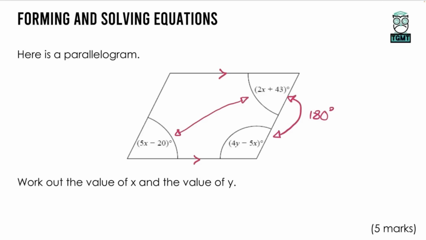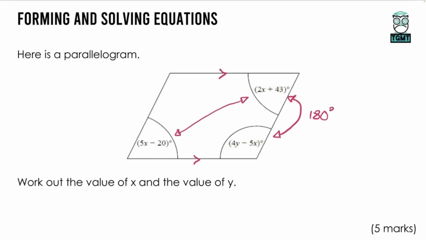From there, we just need to be good at solving equations. So here we are given two options. We can either make an equation where we say this angle and this angle are equal, or we can make an equation where we say this angle and this angle are equal to 180. However, that option there leaves us with an x and a y in the equation.